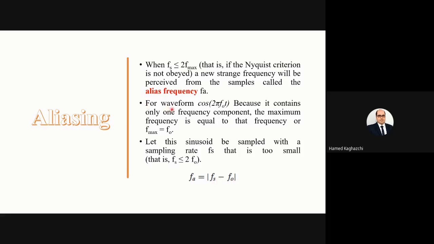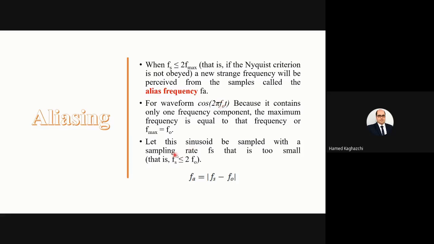Suppose that for the waveform cosine 2πf0t, as you see here, which is an analog signal, the frequency is f0, and we have one frequency. So it means that Fmax is f0. The maximum frequency is the frequency of the signal.